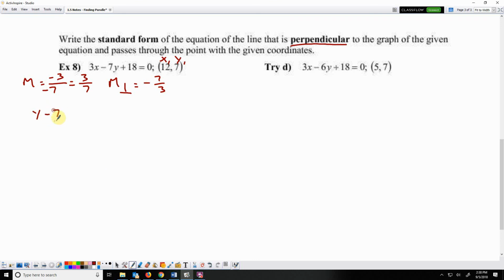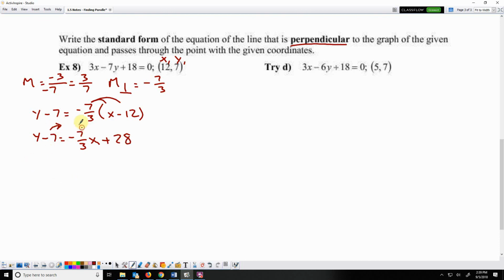Y minus y1 equals m times x minus x1. So I get negative 7/3 x and positive 7 times 12 divided by 3. I could do the 12 divided by 3 now, which is 4, times 7 is 28.